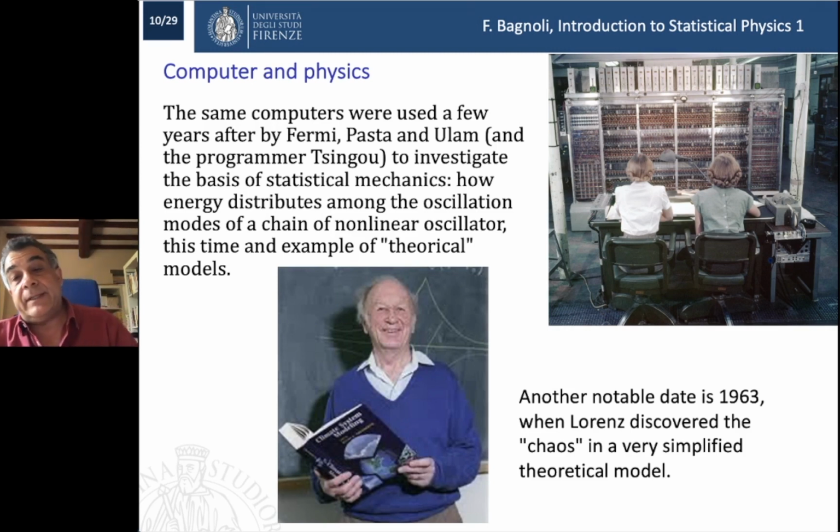Another notable date is 1963, when Lorentz, who was a meteorologist and was developing a simple system for representing the convection cells in the atmosphere, noted that this behavior was not what was expected, based on what was known at that time.